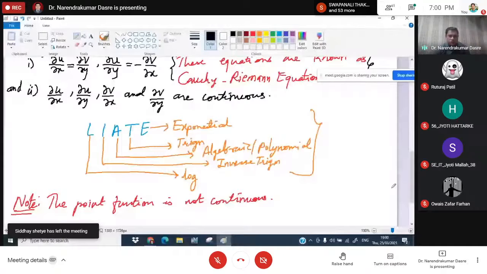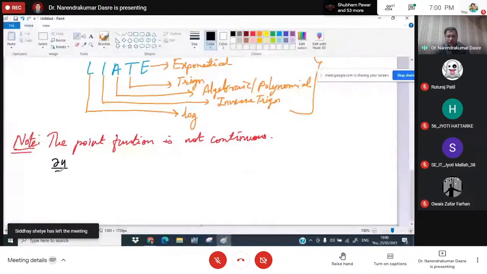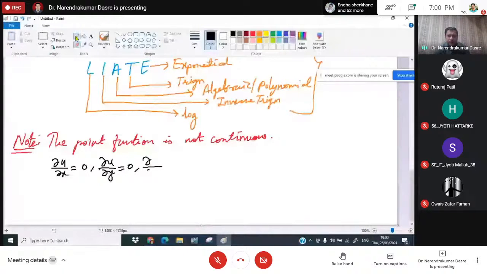Suppose ∂w/∂x is equal to 0 and ∂w/∂y is equal to 0. Now you can see that this satisfies your equation.